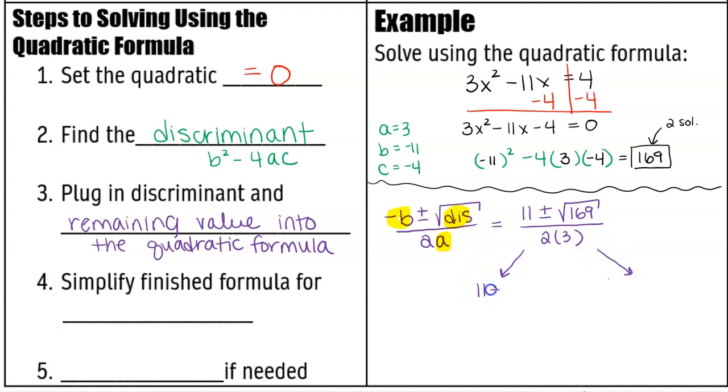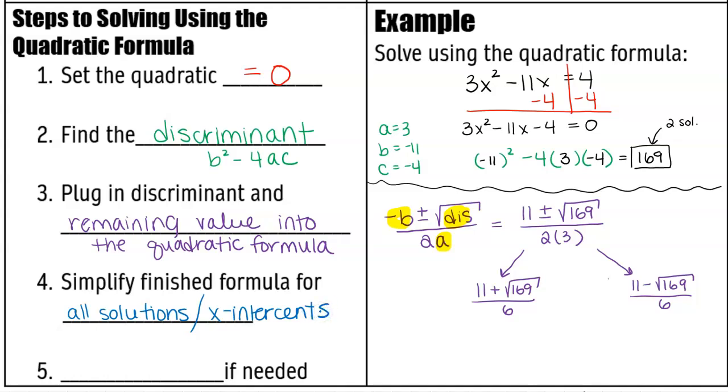One of them is 11 plus the square root of 169 divided by 6, and the other one is 11 minus the square root of 169 divided by 6. All of this is part of the simplification process. So we're going to simplify the finished formula for all solutions / x-intercepts.